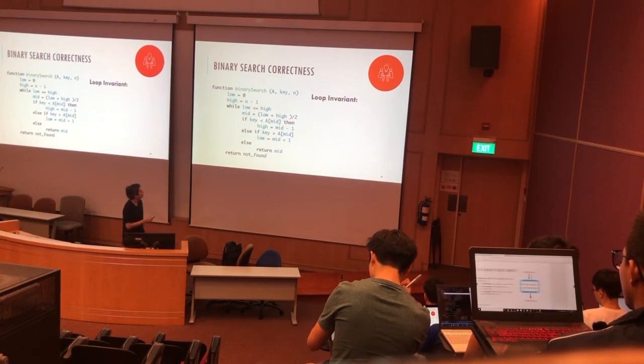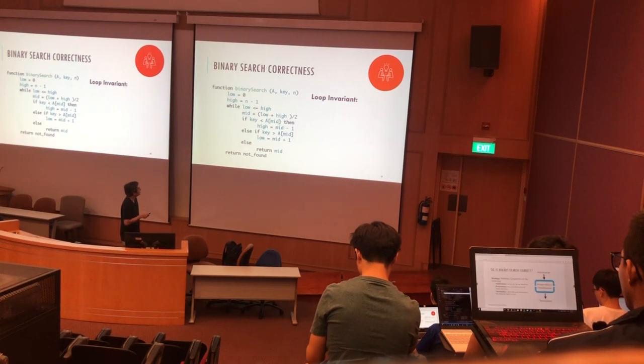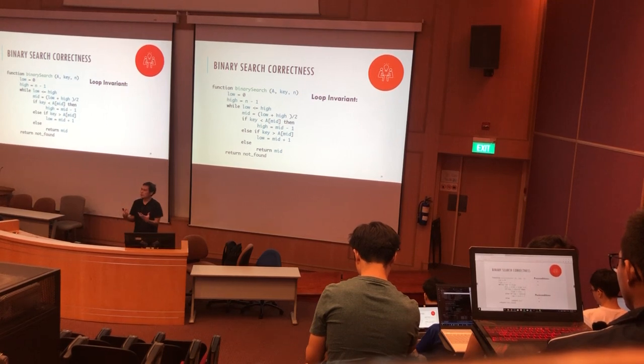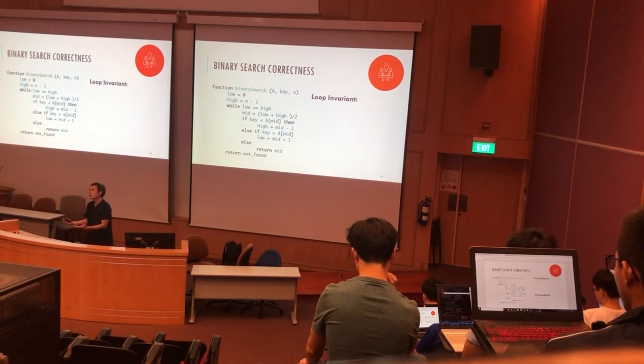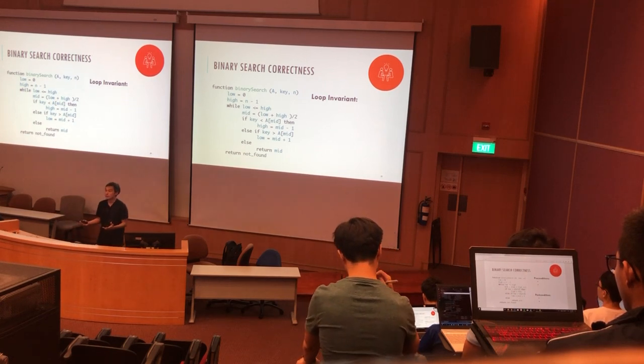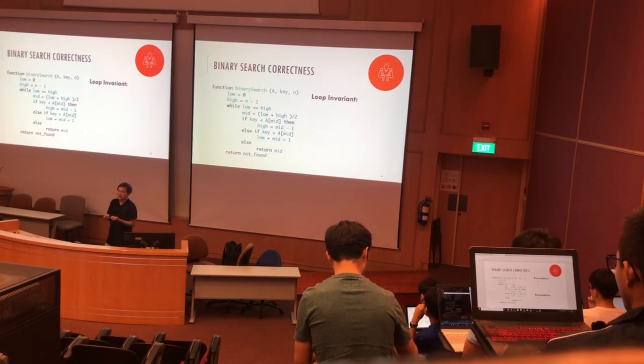So what's the loop invariant in this case? There is a loop in this function, the while loop. How do you set up the loop invariant? The loop invariant is something that we want to be true throughout the execution, and it often encodes the main logic behind the algorithm. In this case, it's binary search. So what is the key idea behind binary search?